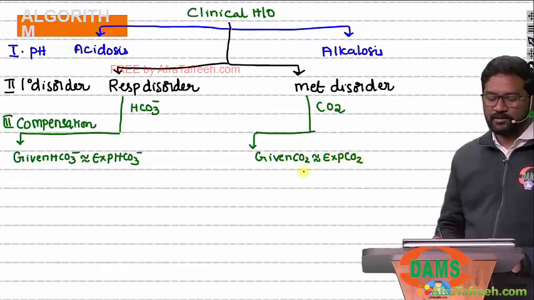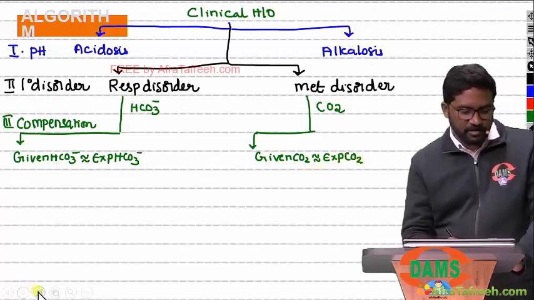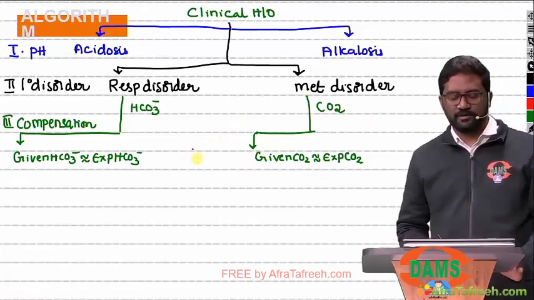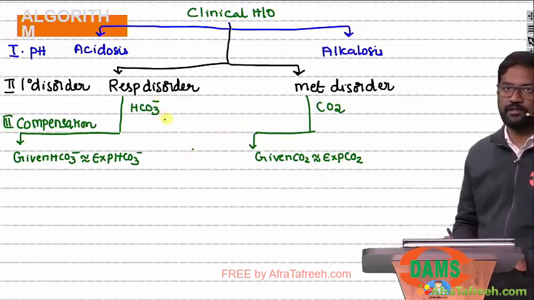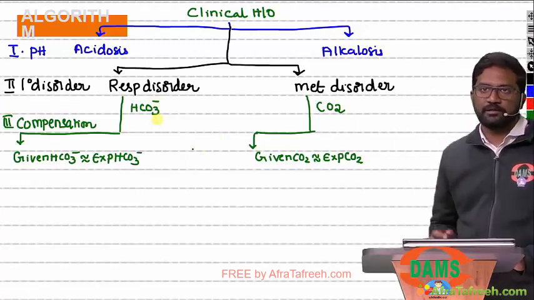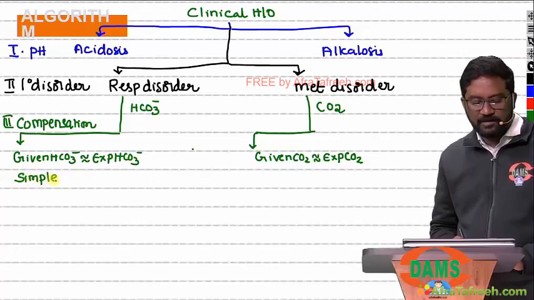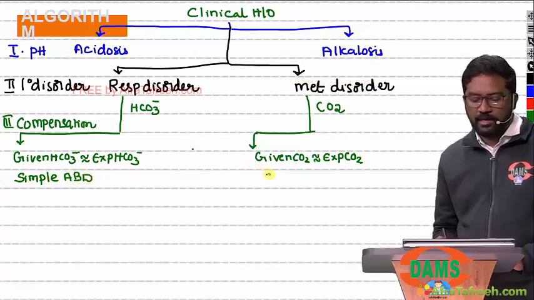So if given and expected are correlating, what does it mean? Adequate compensation. What was the definition of simple acid-base disorder? A primary disorder and adequate compensatory response. This can be written in easy words as simple acid-base disorder.